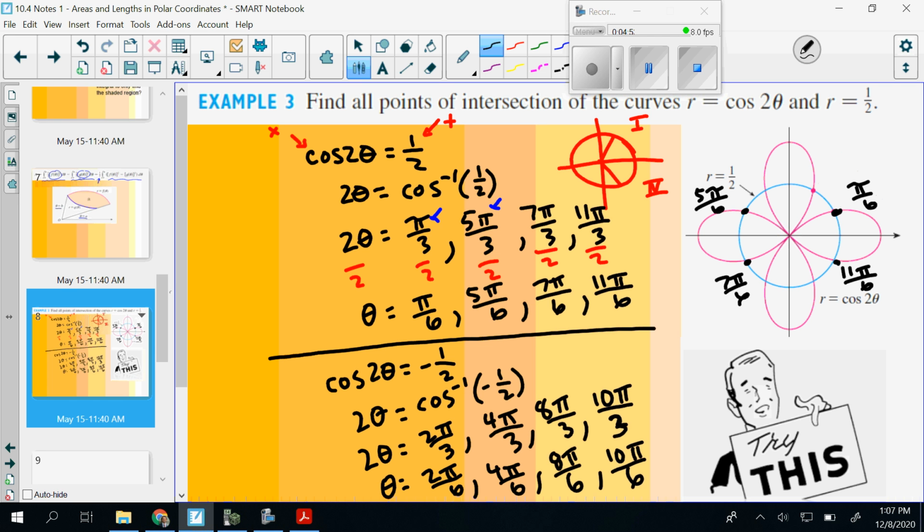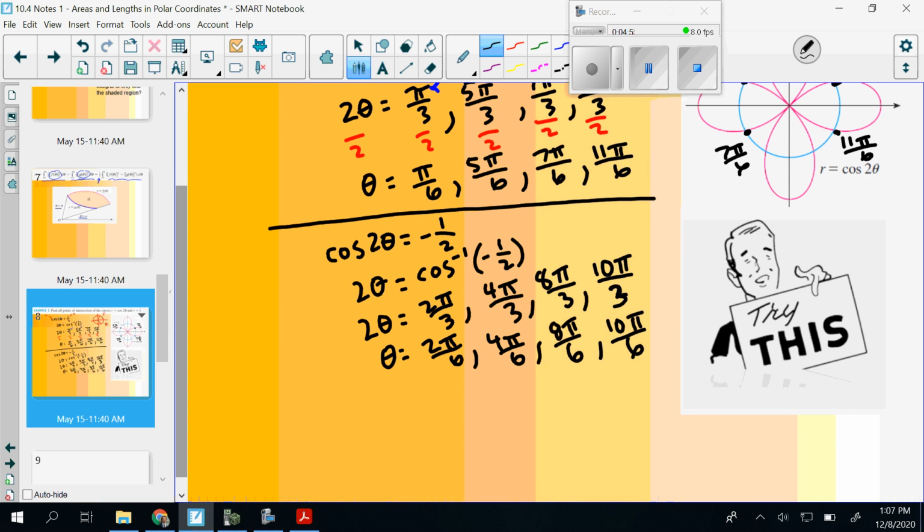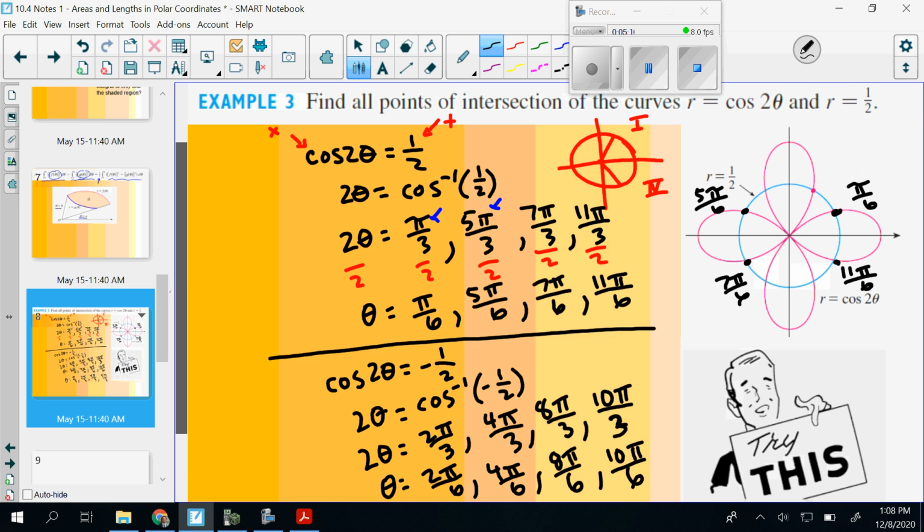If you simplify all those fractions, you get pi over 3, 2 pi over 3, 4 pi over 3, and 5 pi over 3. So those are those other intersection points on the circle. Showing you over here, this would be the pi over 3, and so on, and we get these other points here. So those would be ways, or use symmetry.